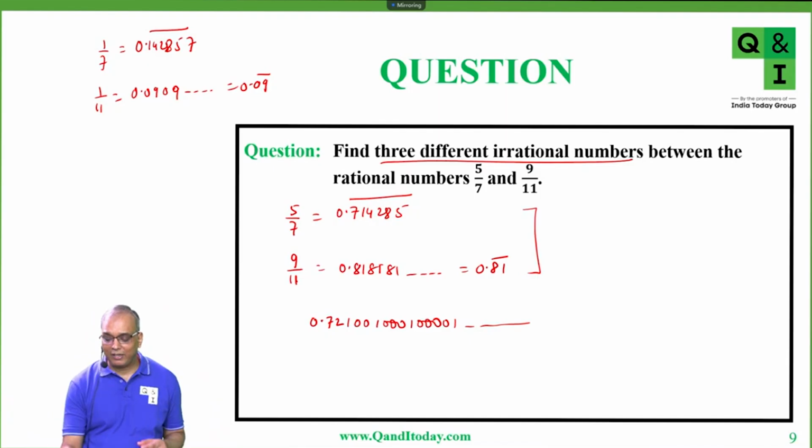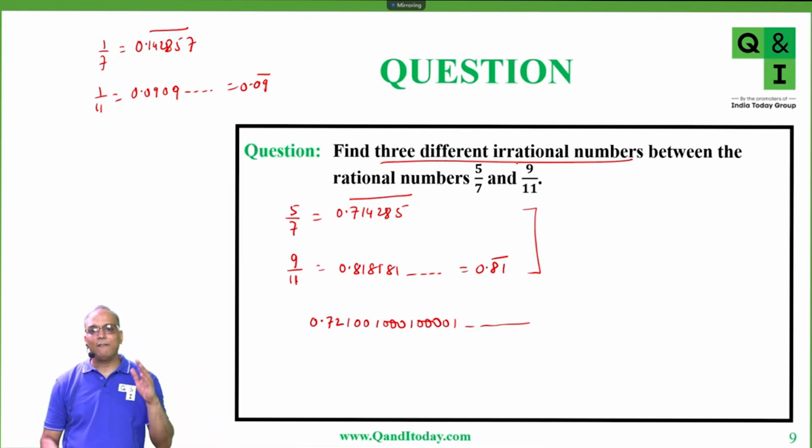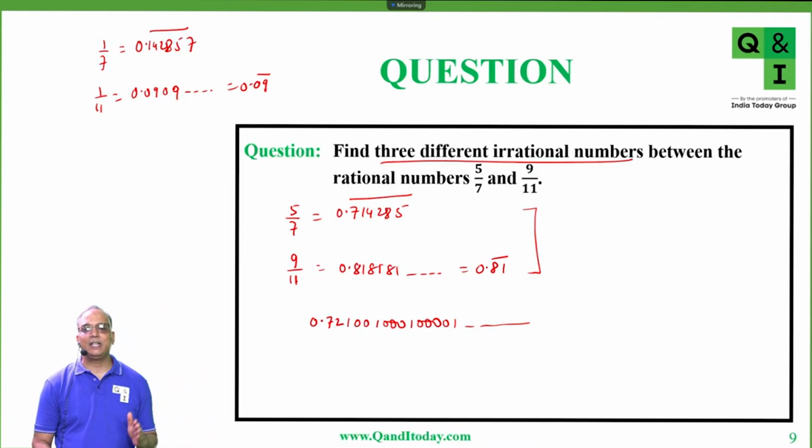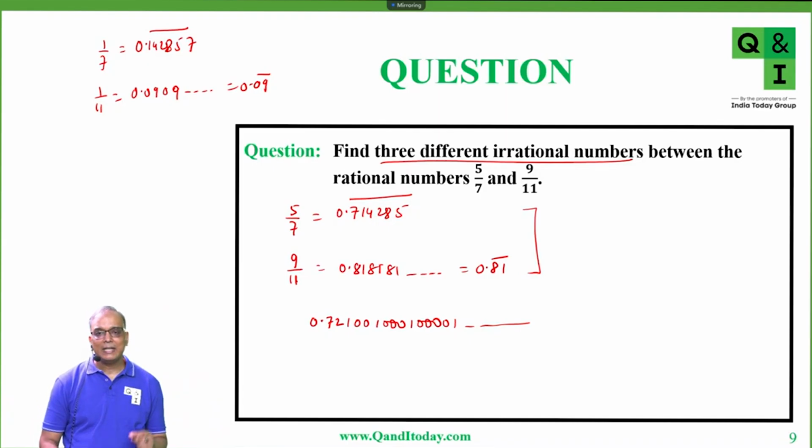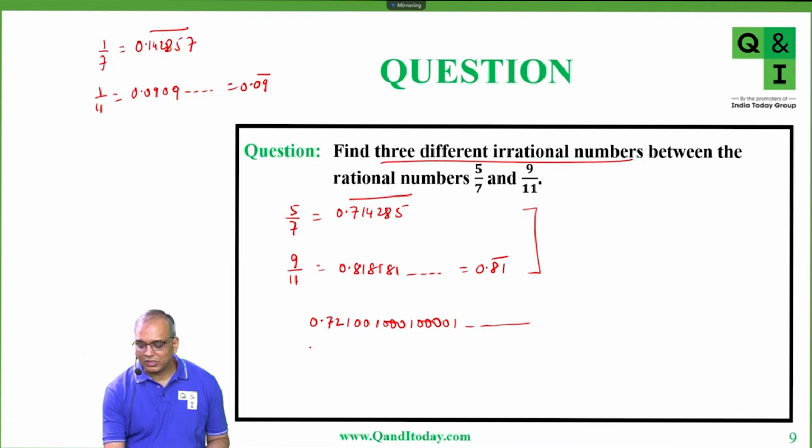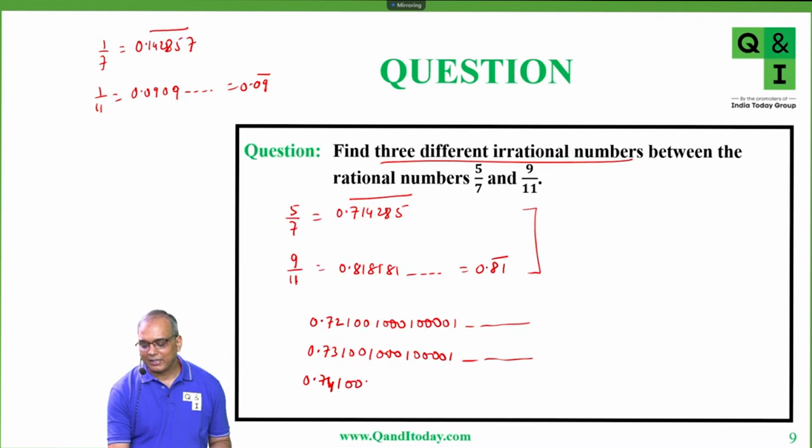Because we have to find irrational numbers, we find three non-terminating, non-recurring decimals between 0.714285 bar and 0.81 bar. So this is the first one. The second one will be 0.73, 100, 100, 1, 4 times 0, and so on. Similarly, you can have 0.74, 100, 100, 1, 4 times 0, and so on. Is it clear?